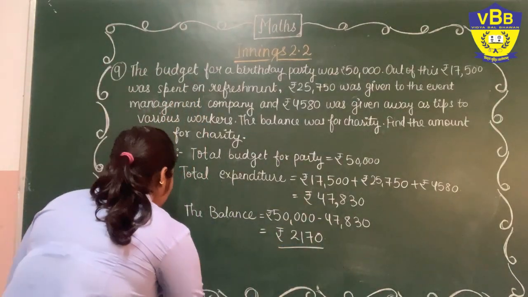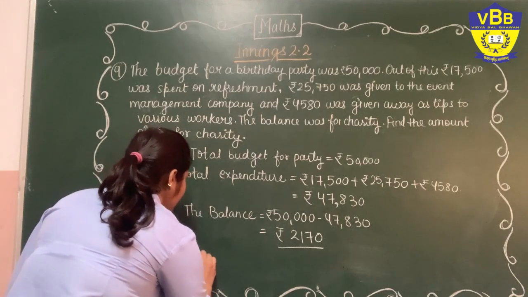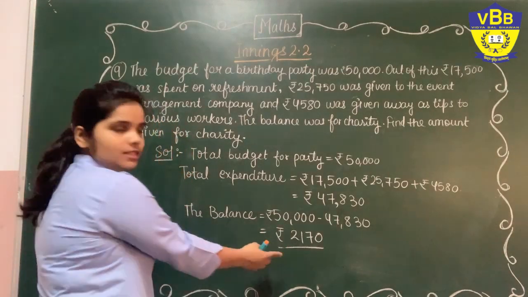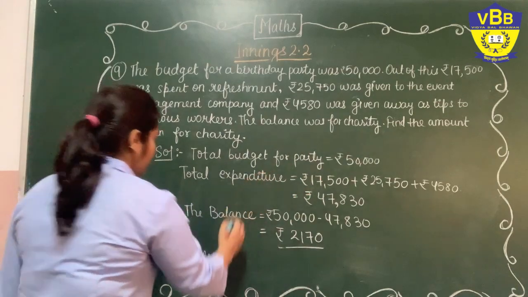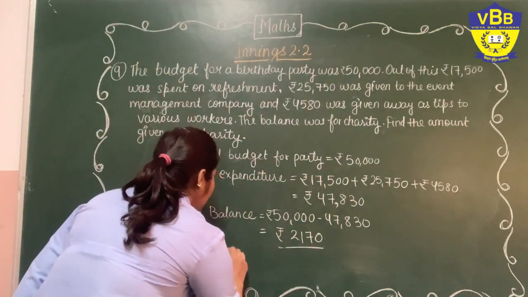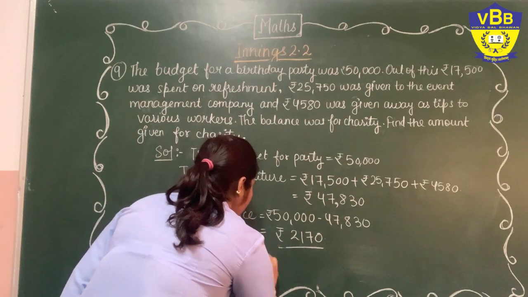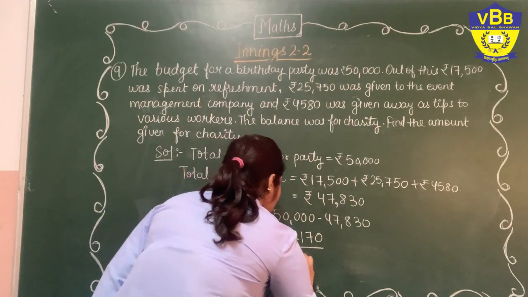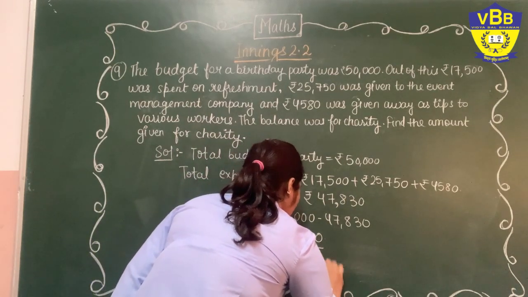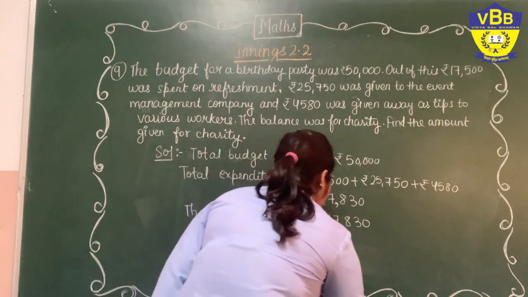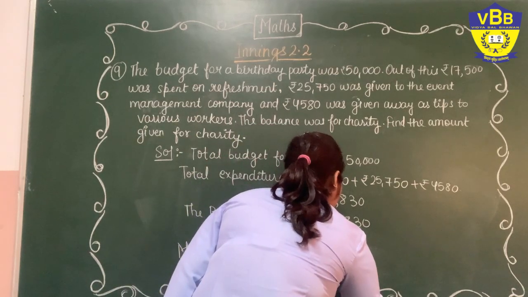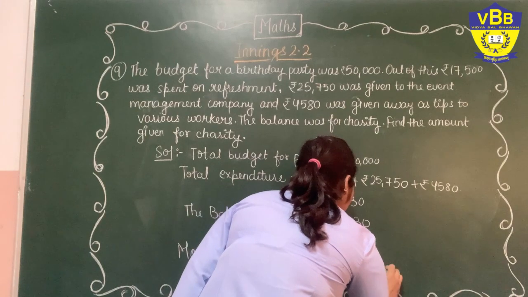So money given for charity. This is the balance we are having, and this balance has been given for the charity. So the final statement we have to give: money given to the charity is equal to rupees 2,170.